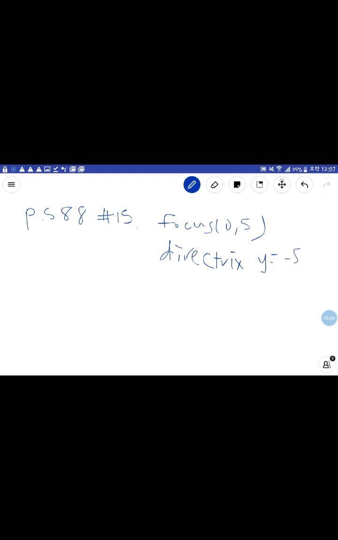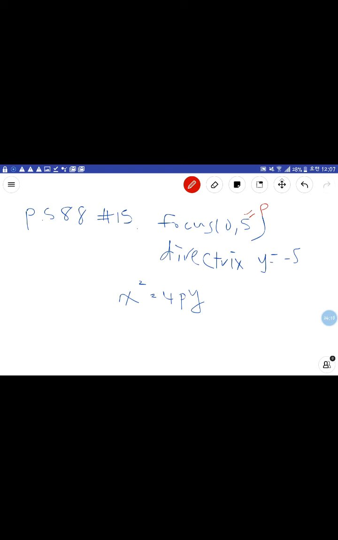Since I have a focus of 0, p, this opens up or down. What is going to be the standard form? x squared equals 4py. I told you, think about the quadratic formula, which has x squared in it. Now this 5 is directly p. And checking, your directrix is y equals negative p, which is negative 5. Looks good.